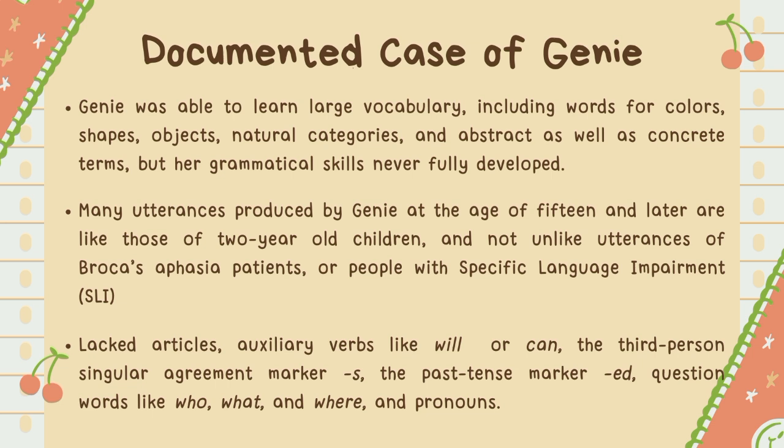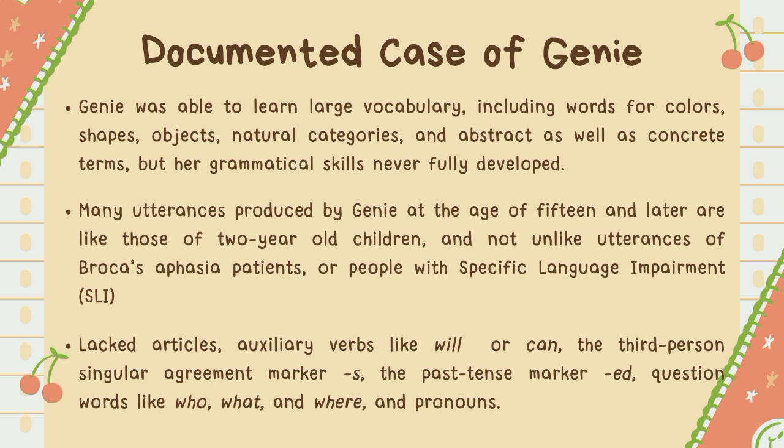The structure of Genie's sentences was similar to those produced by individuals with Broca's aphasia, a language disorder caused by brain damage affecting speech production, or those with specific language impairment, or SLI. Her speech was fragmented and lacked complexity.